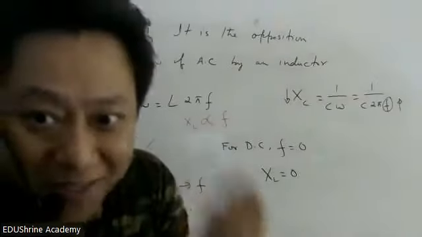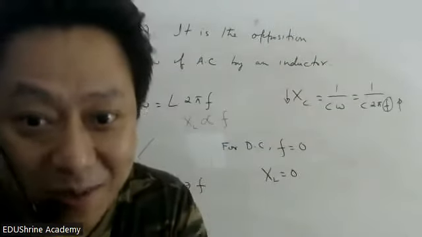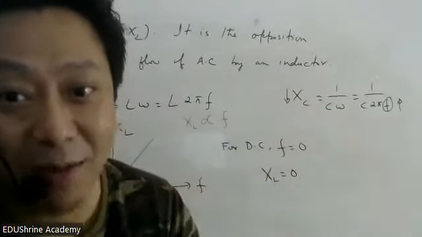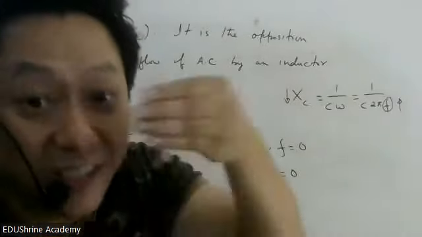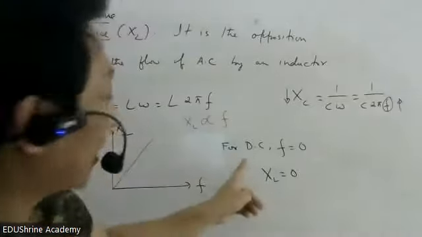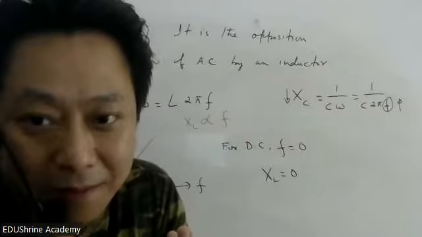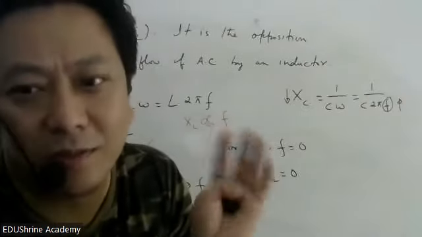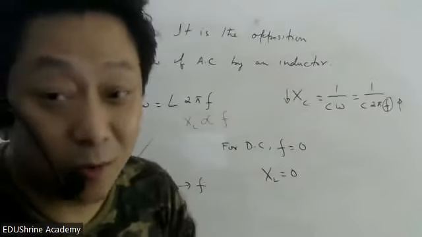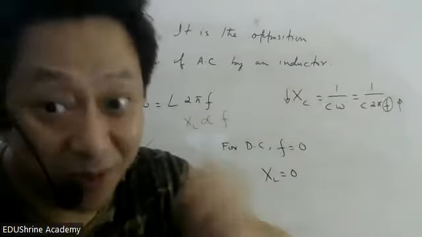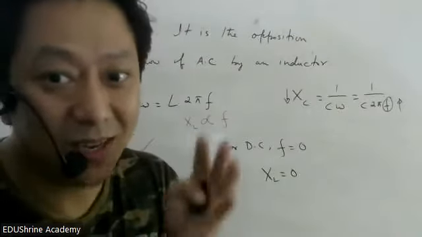And it makes sense also. What did I tell you in the beginning? Inductance is like mass. It opposes change in current. But if the current is DC, it will not change. Therefore, it will not oppose. If you are at rest, you will remain at rest. No need to oppose. Only when you want to move me from rest, then my mass will oppose.